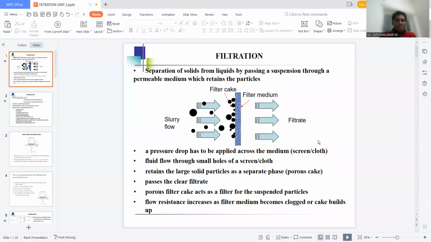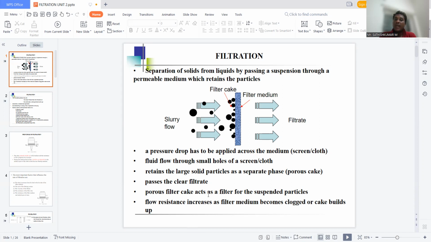The important key points of filtration: a pressure drop has to be applied across the medium. The medium means a screen or cloth. The fluid flows through the small holes of the screen or cloth. It retains the large solid particles as a separate phase, called the porous cake, and passes the clear filtrate. Only the clear filtrate passes through the filter medium.